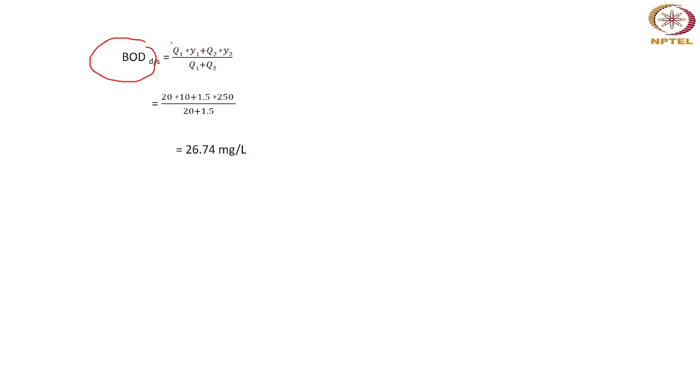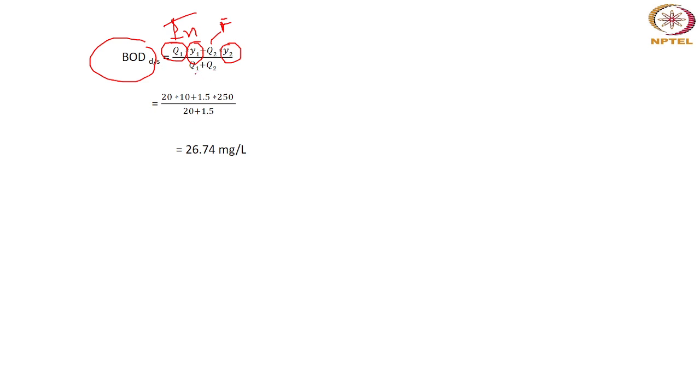So suppose this is Q1, the flow rate, and then Y1, the BOD concentration. This is coming from the industrial wastewater industry. And this is the stream, so this is the flow rate again, Q2, and Y2 is our BOD concentration of the stream, right?